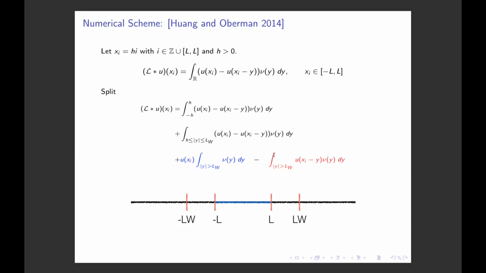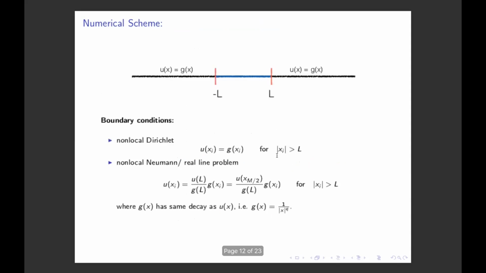So let me focus again on the term in red and how you use the theory that came before. Because the term in red uses information outside the domain of interest, you either already know what it is because you have the nonlocal Dirichlet boundary conditions, or you can approximate it by the decay rate of the function.